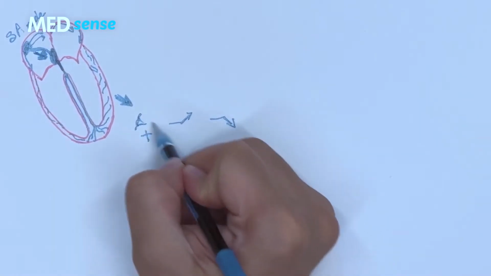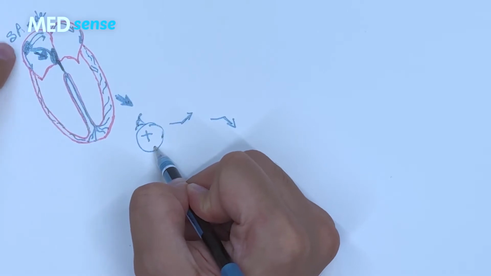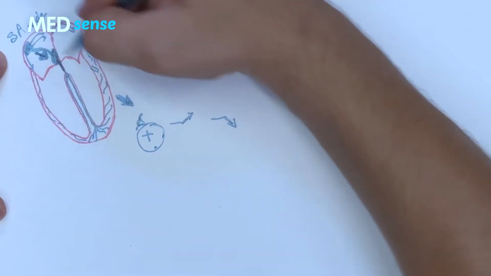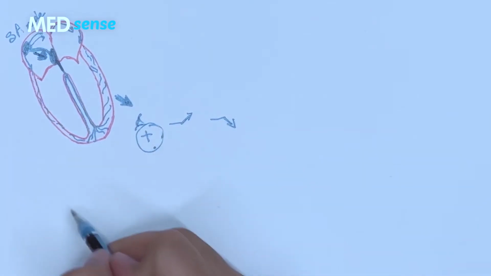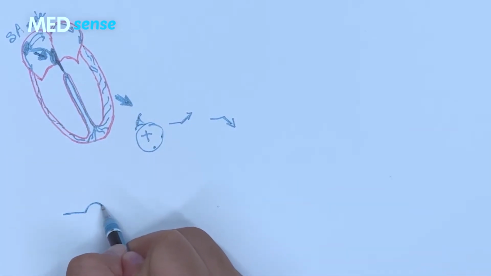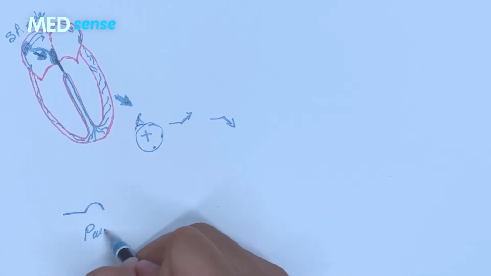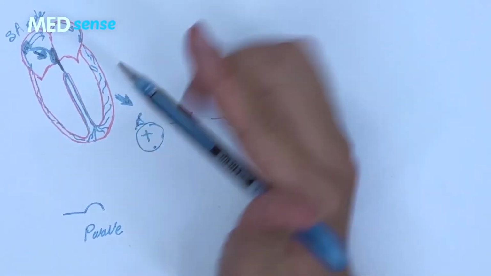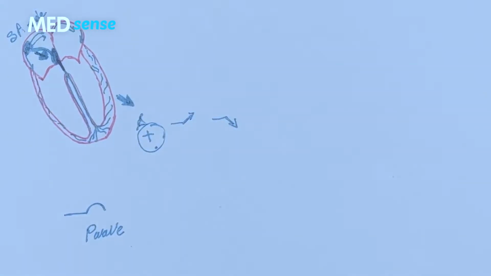This positive ECG electrode is interpreting this positive electrical current, which is moving on its way toward it, as a positive deflection. We call it the P wave. So, the P wave resembles the depolarization of both atria, and of course, the electrical current from the SA node to the AV node.